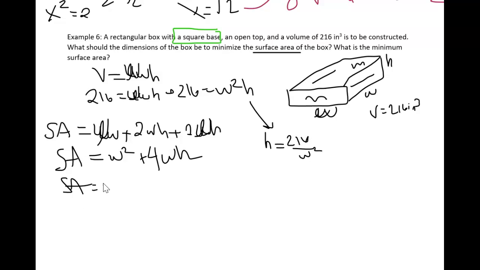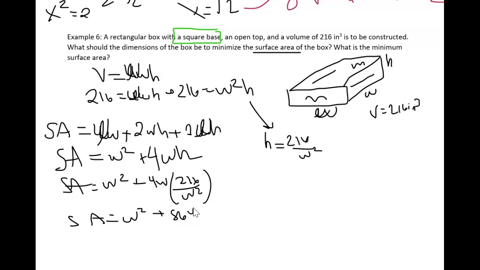Now my surface area is W squared plus 4W times 216 divided by W squared. That is going to simplify, so first thing I want to know is what 4 times 216 is, which should be 864. Yep. The W's will cancel.